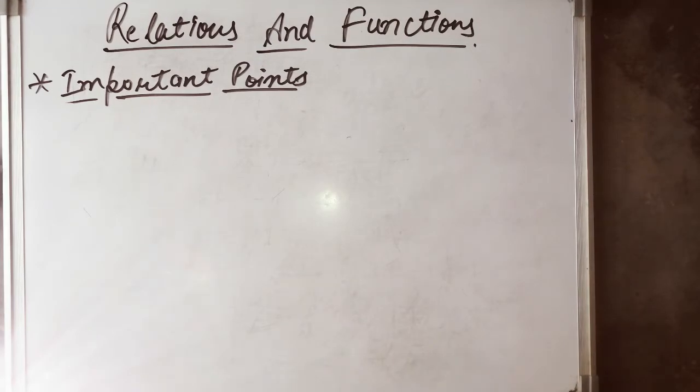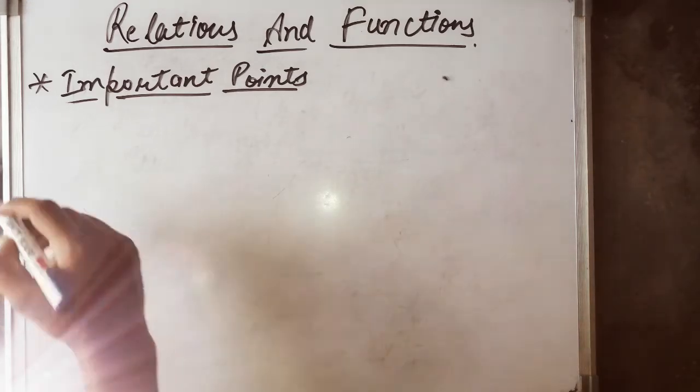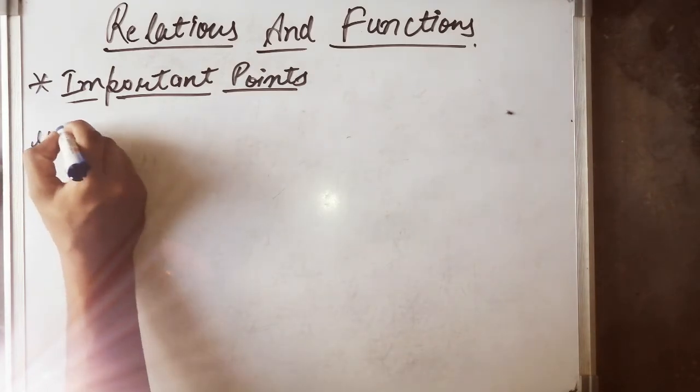Okay students, our third point is: if there are p elements in A and q elements in B, then there will be pq elements in A cross B. Let me write it down.